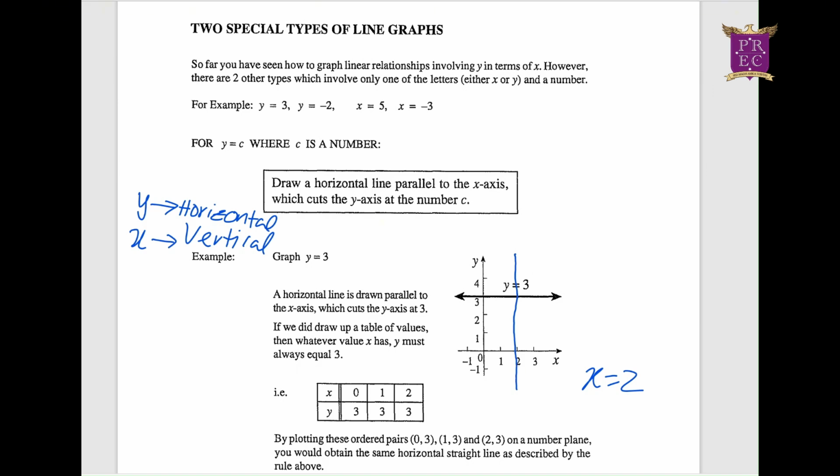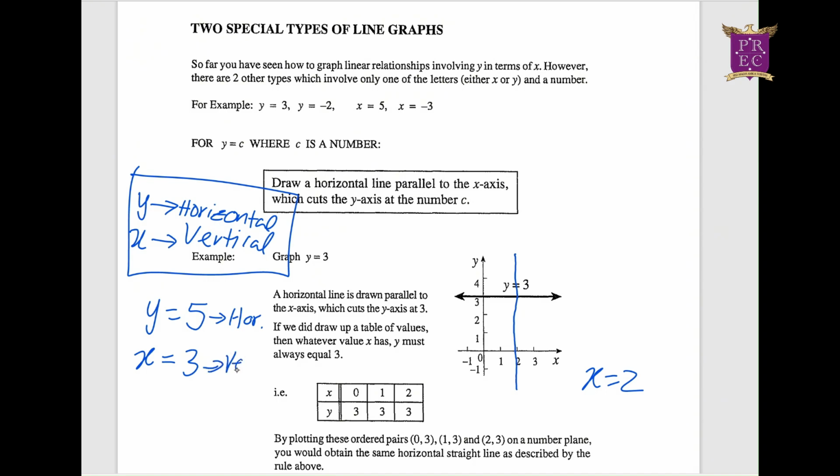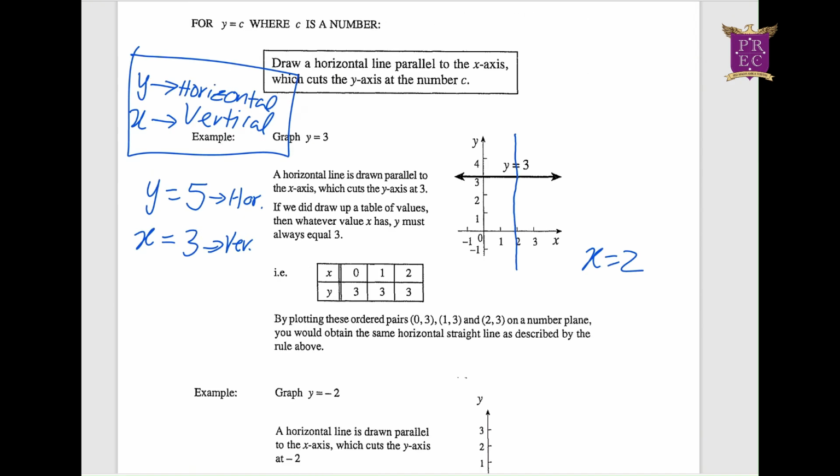That's why it has to be a vertical line. So remember this. Equation starting with a y and a constant will always be a horizontal line. Equation starting with x and a constant will always be a vertical line. Okay, horizontal and vertical. Okay, let's keep going.